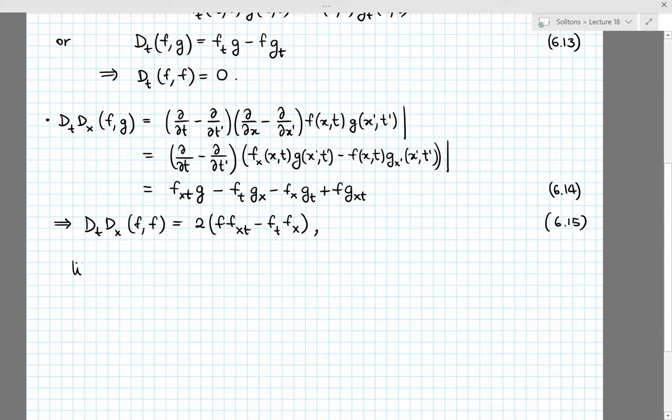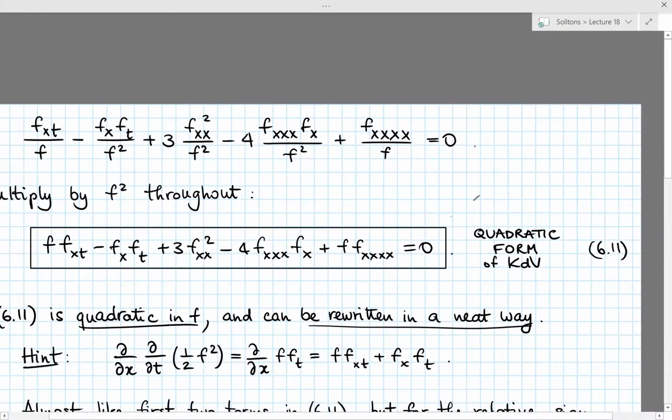Which is precisely, up to the overall factor of 2, what appeared in the first two terms in the quadratic form of the KdV equation 6.11. I remind you, equation 6.11 is this equation here. And we've reproduced the first two terms, which involve derivatives with respect to x and t.